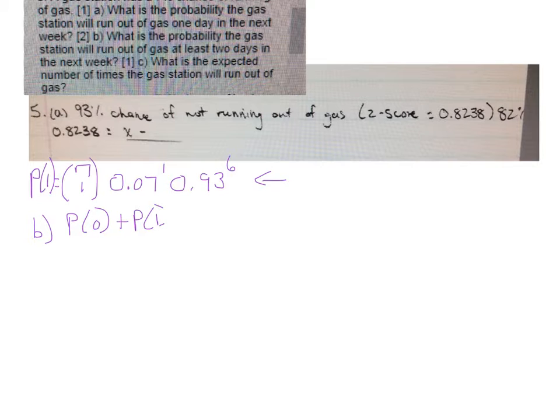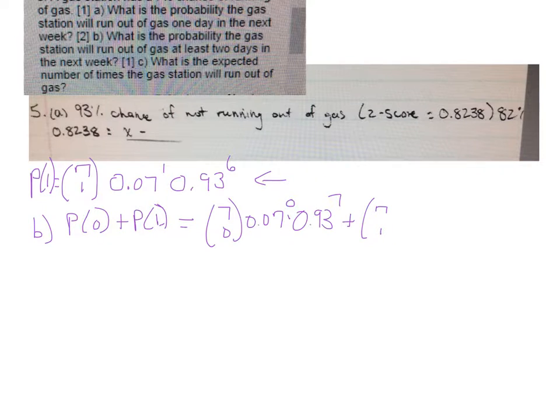Then what we're going to do is do this one sort of the backwards way. If we find out the probability of it being less than 2 days, then we'll just subtract that from 1, and that will give us a probability of at least 2 days. And so when you structure that one, you would do 7 choose 0, and this to the 0, 0.93 to the 7, plus 7 choose 1.